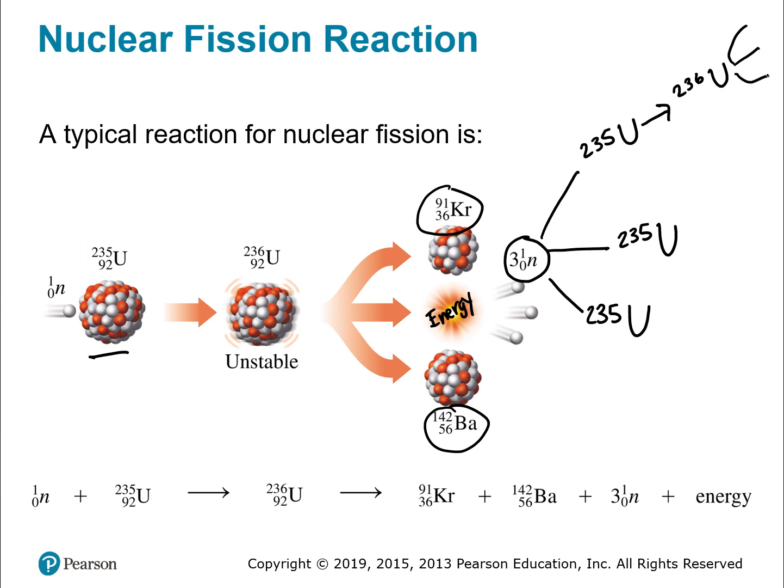This is called a chain reaction. This kind of fission reaction is what's used to generate power.